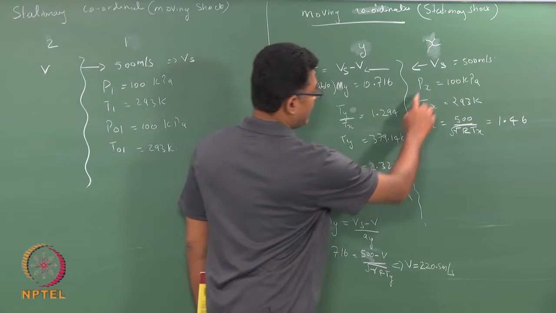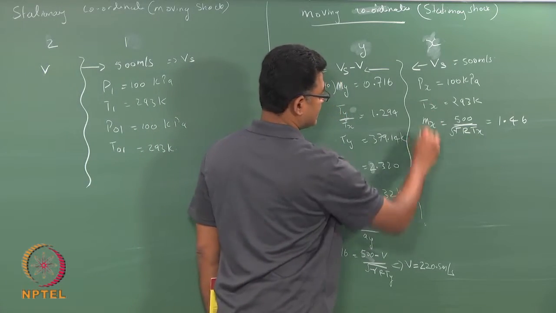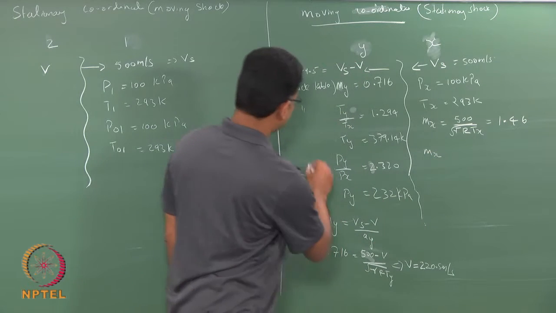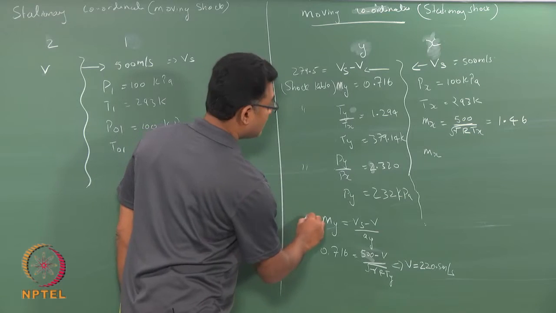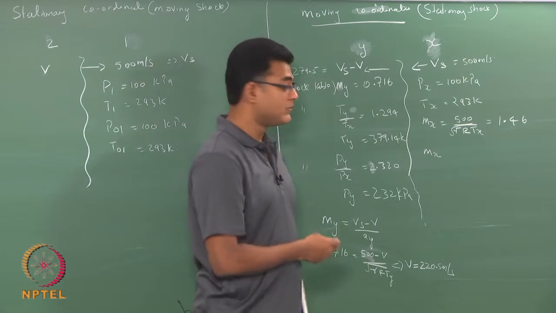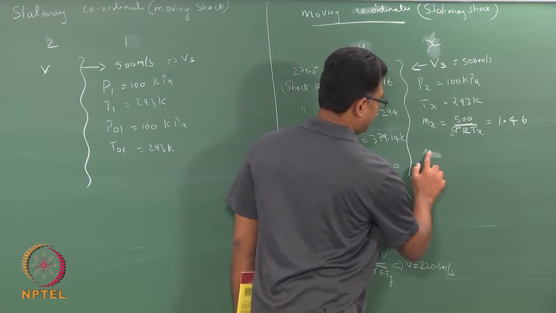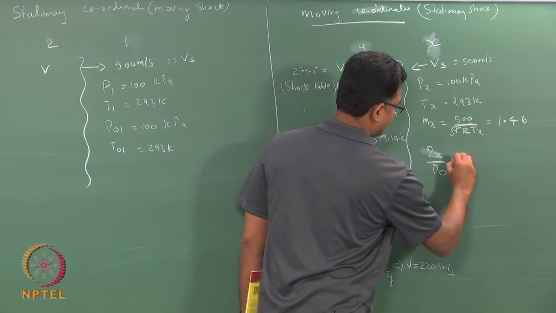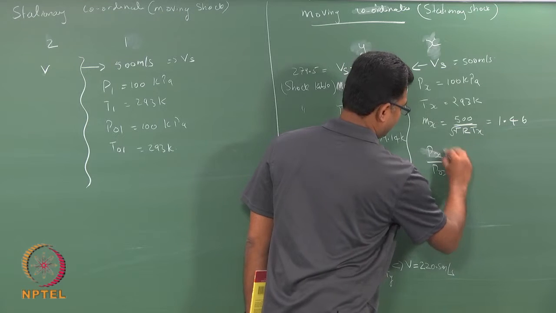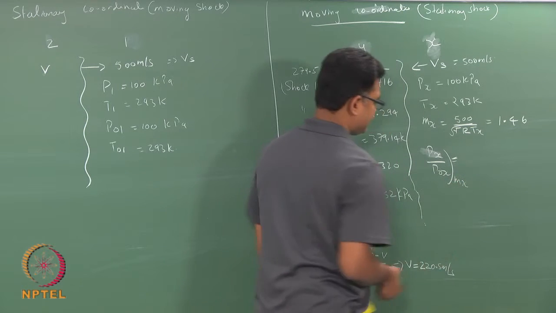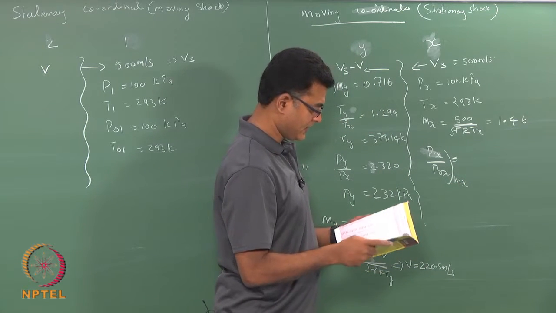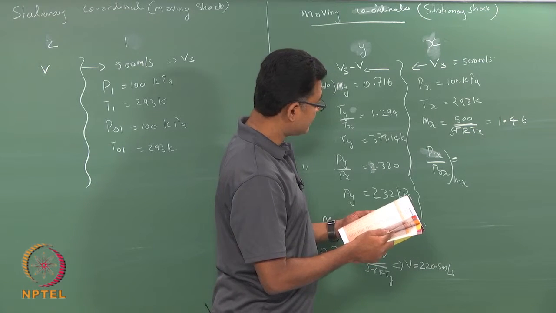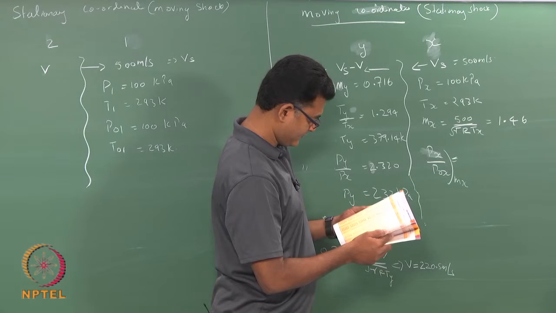I can also find my P0x from this, since I know my Mx. So all these are from shock tables. Now I can use isentropic tables to find my Px by P0x for Mx.